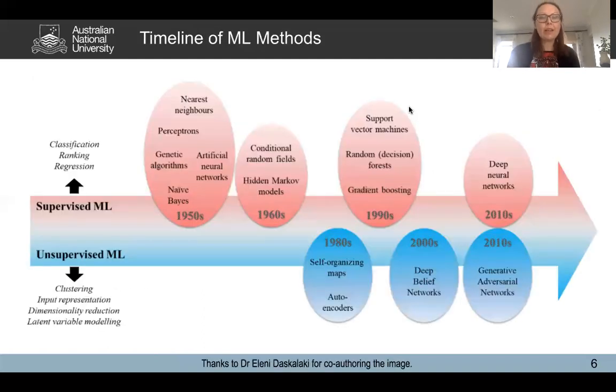Here is a lively timeline that Dr. Elena Daskilaki from the group where I work was creating with me a little time ago. So some of the methods that are there. So basically there are two main categories, supervised machine learning task and unsupervised machine learning task. The differentiation here is if you need to have handmade, human-made examples where you have the desired outcome marked for every example.